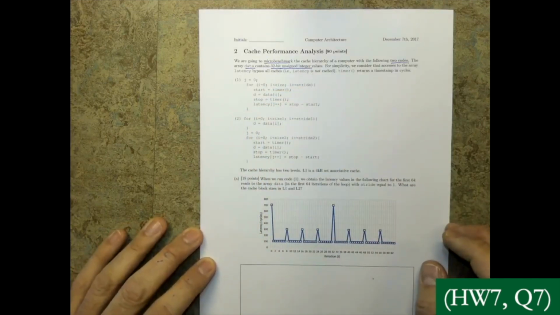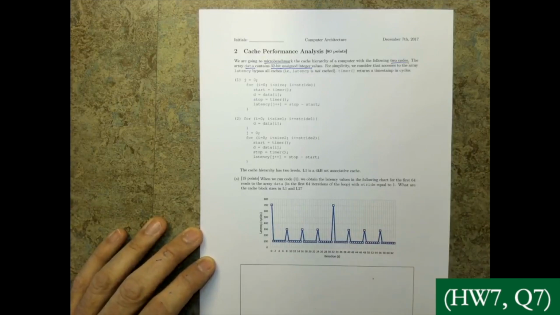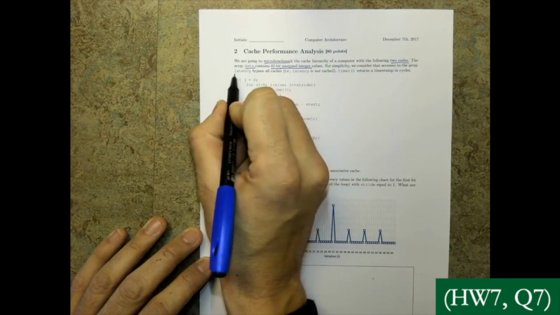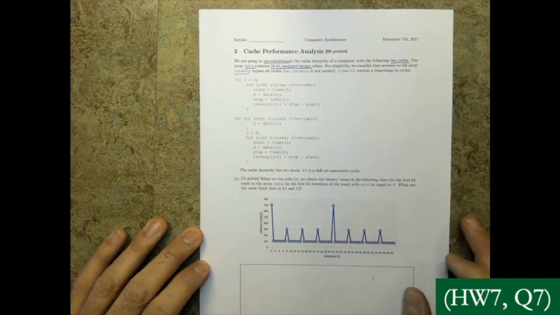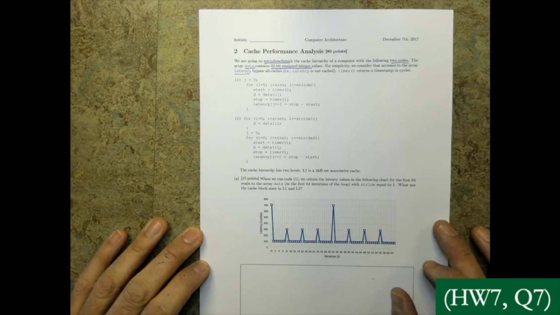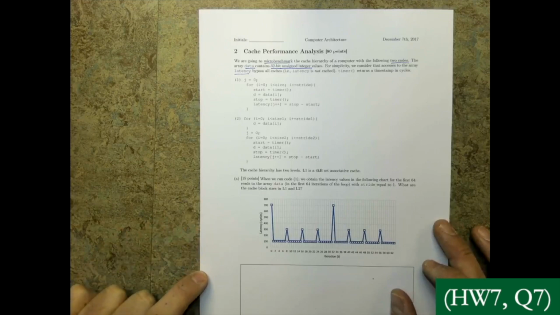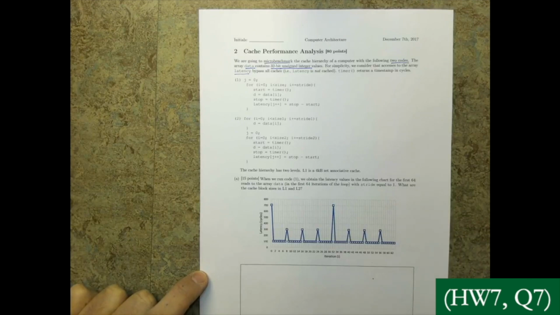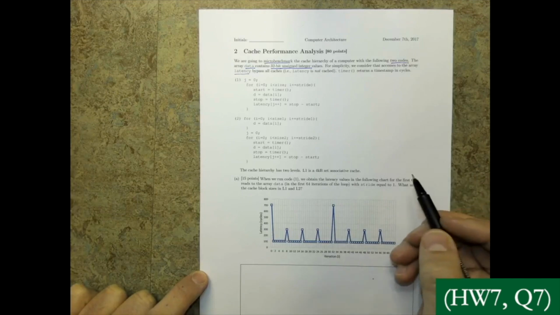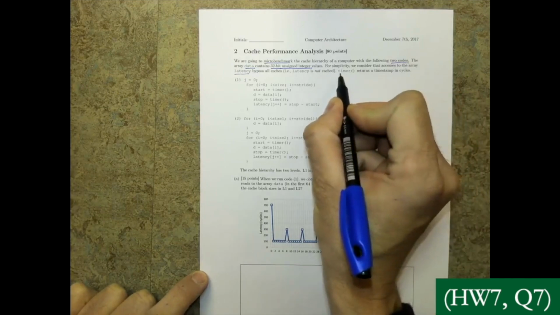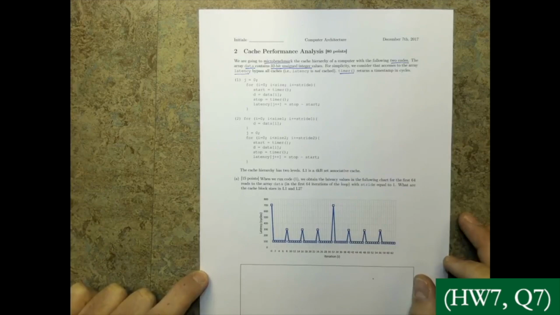There is a note here that says the accesses to this latency array, where we are going to store the latency of each memory access, are not cached. So these accesses bypass all the caches. And timer, as the question says, is going to return a timestamp.